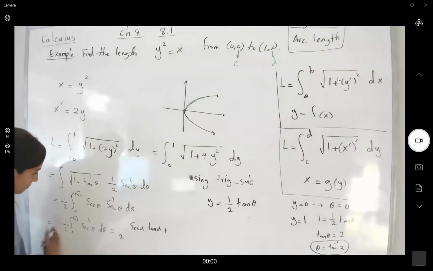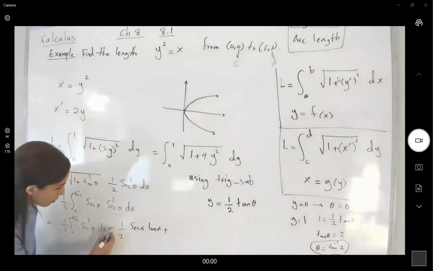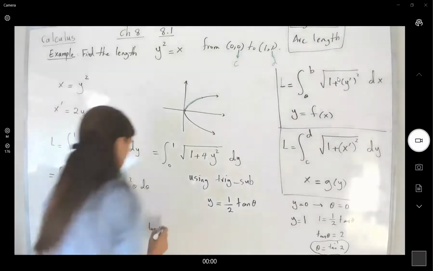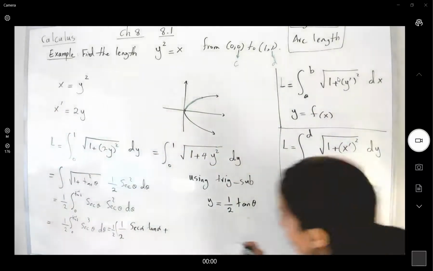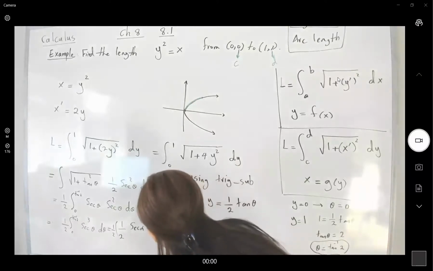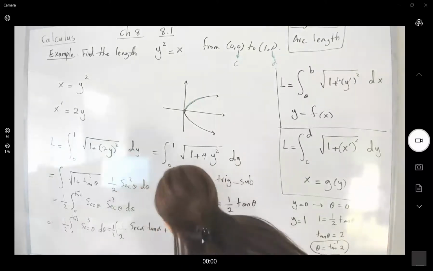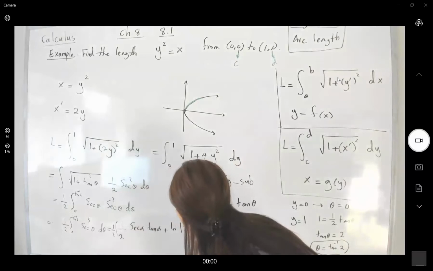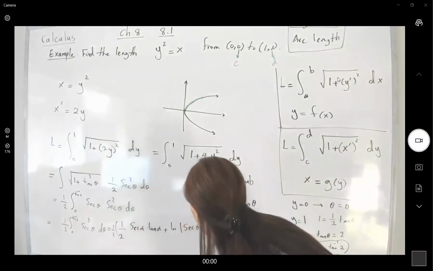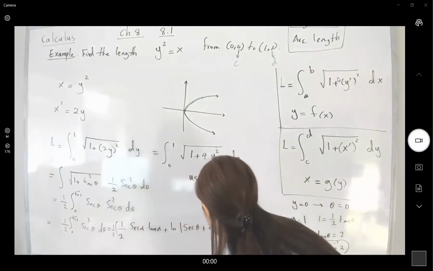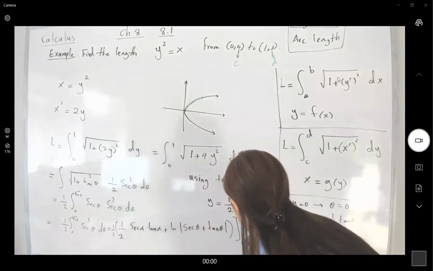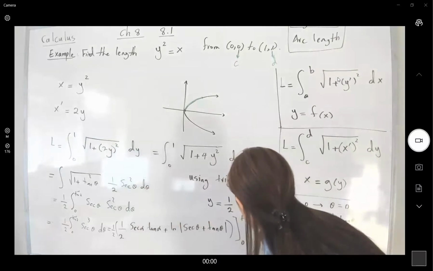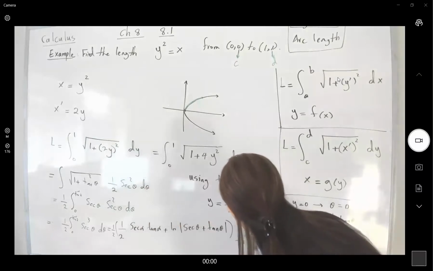Not this one. Here a half, and then here we have ln of secant theta plus tangent theta, then we're going to plug in 0 to inverse tangent of 2.